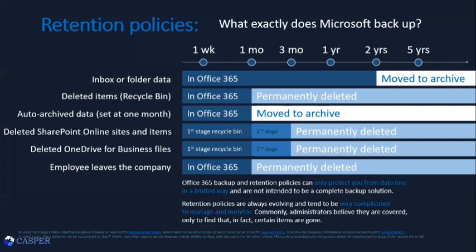And deleted SharePoint Online sites and items, as well as OneDrive, stay for about a month in the first stage recycle bin, and then they should still be available in the second stage recycle bin for about 2 months.